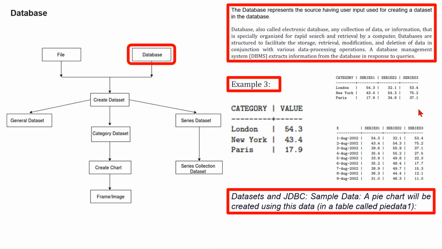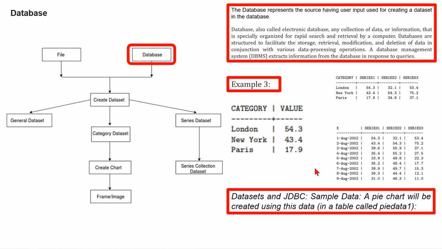Similarly, a bar chart will be created using this data in a table, for example the table called CategoryData1. Finally, a time series chart will be generated using this data, for example in a table called XYData1. You should set up a test database containing these tables.